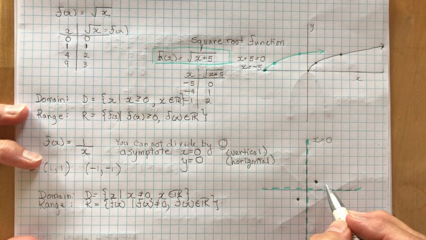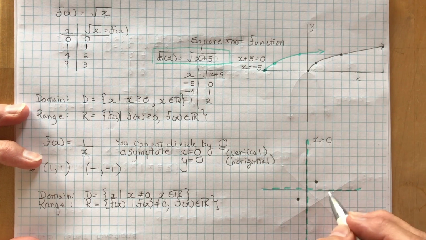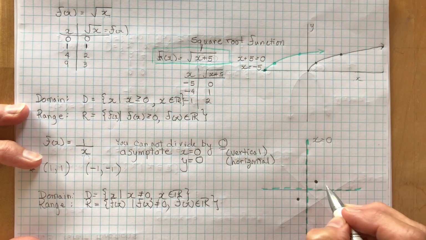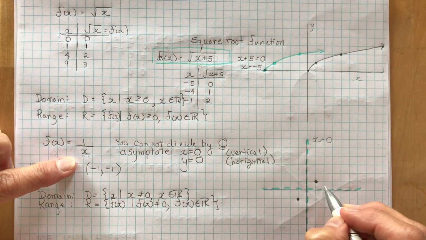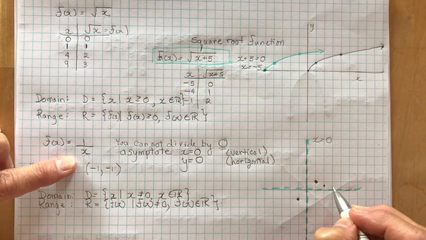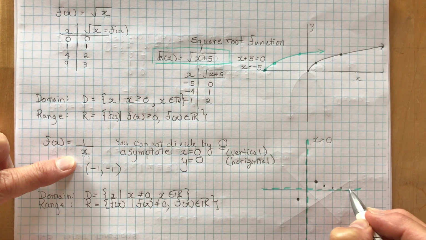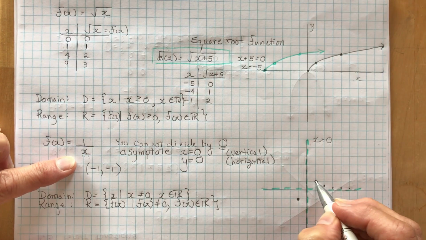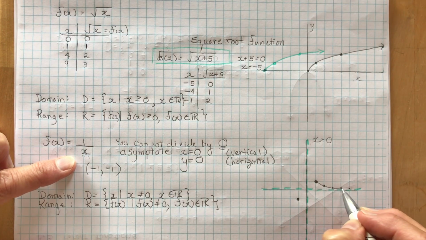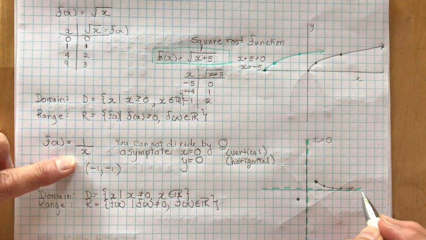As I go out this way, as I increase my x values, so when x is 2, I would have 1 over 2, a half. When x is 3, I have a third. When x is 4, I have a quarter. When x is 5, I have a fifth. So it's going down like this. It's getting very close to this axis, but it's never going to touch it or cross it.